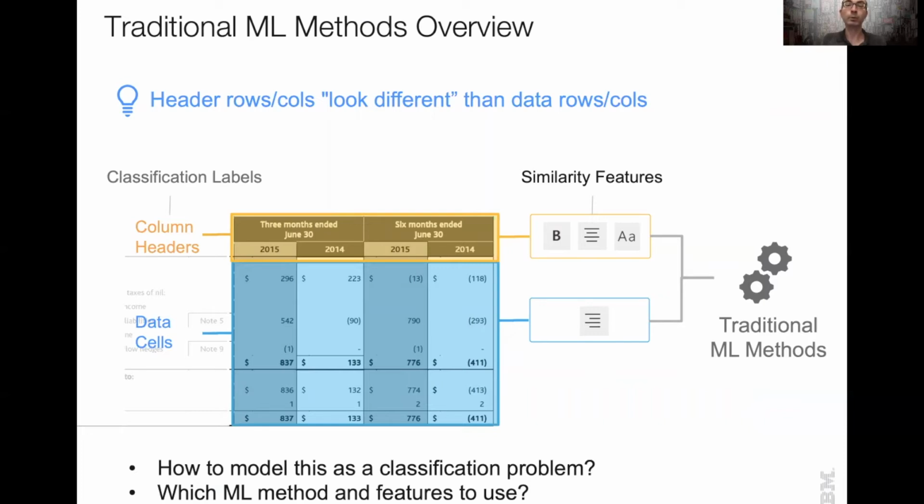The difference between the approaches that fall under this category is how the problem is defined as a classification problem, which are the machine learning methods that are used, and which are the features that are used.